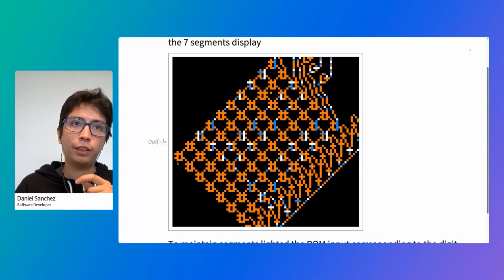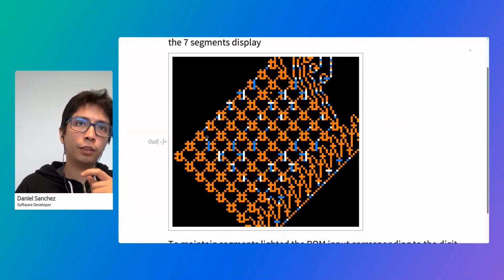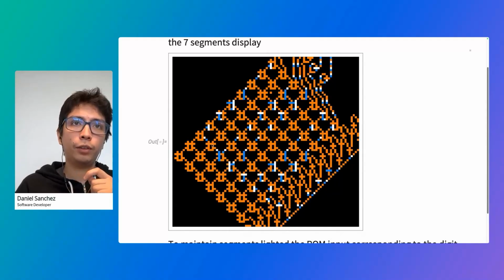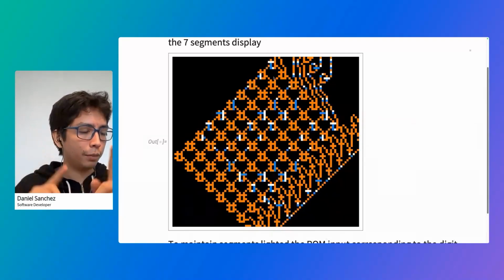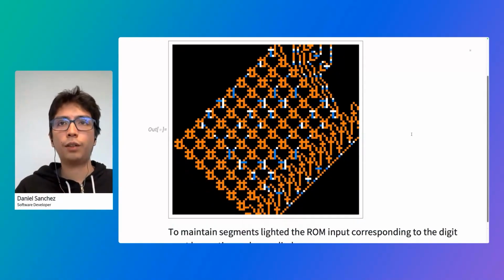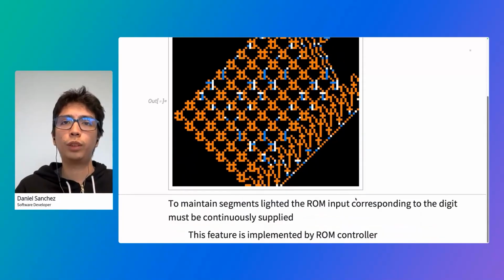So this is the 0th address, this is 1, this is 2. And you will see that this second address is emitting electrons based on whether it has an electron here or not, like we discussed before. And those electrons that are emitted will turn certain segments on the display. That's how you move digits around.